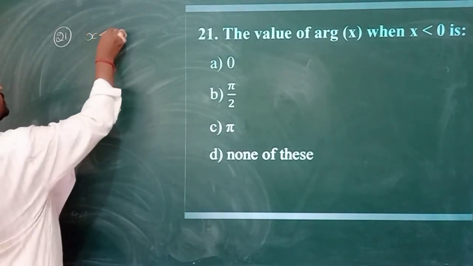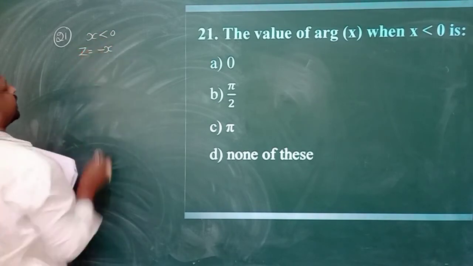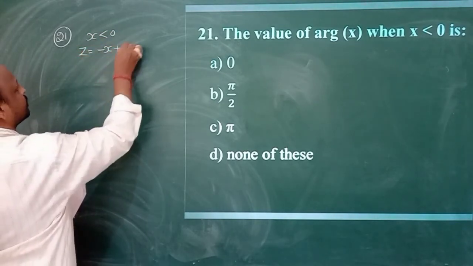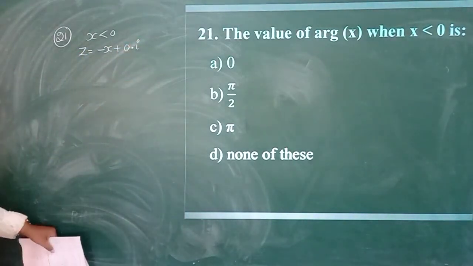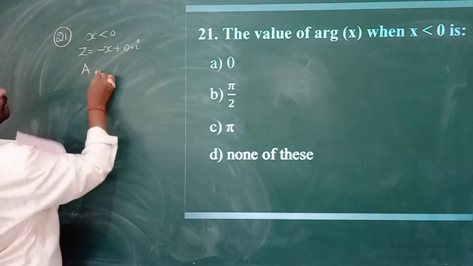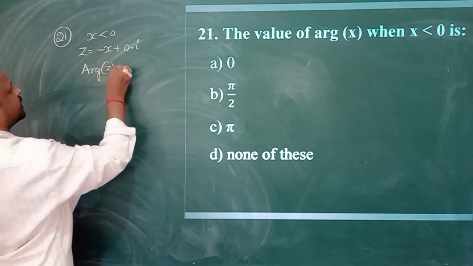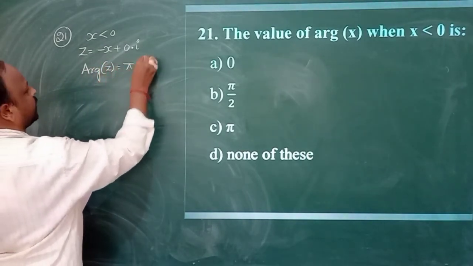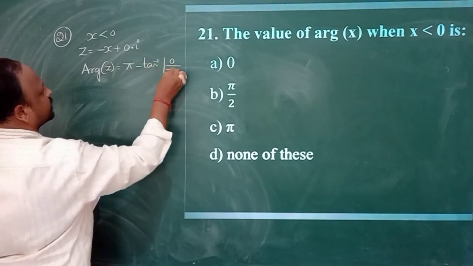When x is less than 0, that is minus x, z is equal to minus x plus 0i. The argument of z is given by pi minus tan inverse 0 by minus x.